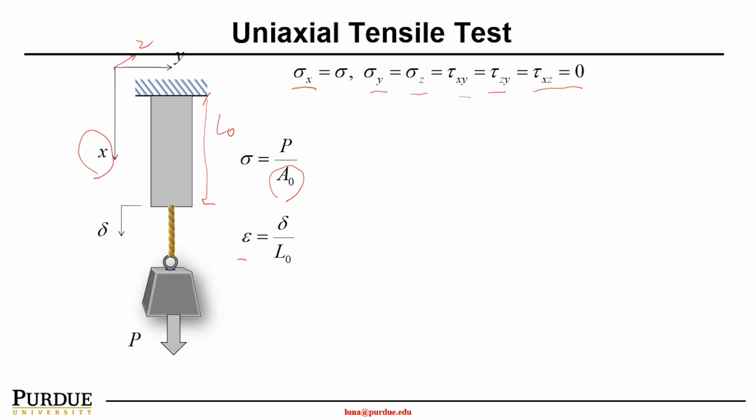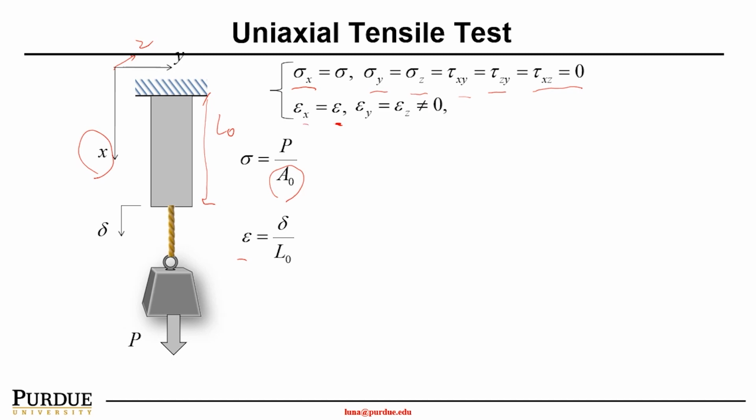So there is no shear force or any force applied in other directions. We expect the strain epsilon x to be epsilon. So the total deformation of the material will only be the deformation in the x direction.